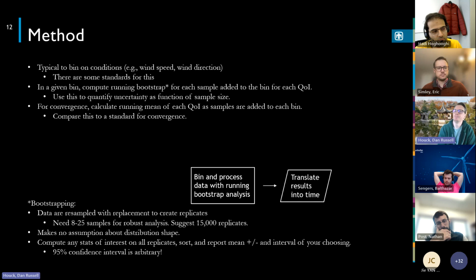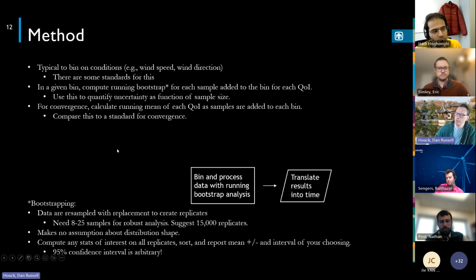Then in a given bin, you'll compute a running bootstrap. As each sample is added to the bin, you update the bootstrap calculation again, and do this for all of the quantities of interest that you care about. This is how you'll eventually be able to quantify that uncertainty. And then for convergence, it's a similar thing, but it's a running mean. Then you have some standard for convergence that you'll apply, and that'll tell you if you've achieved it.